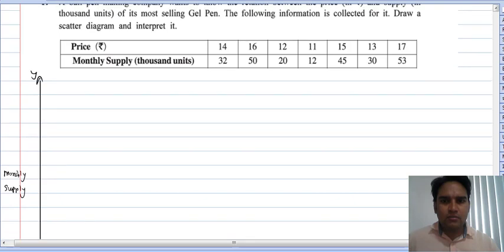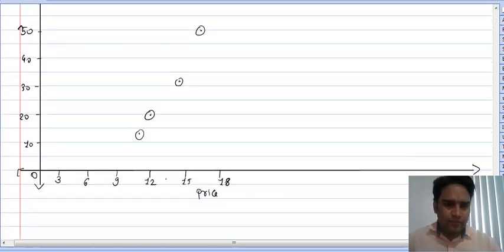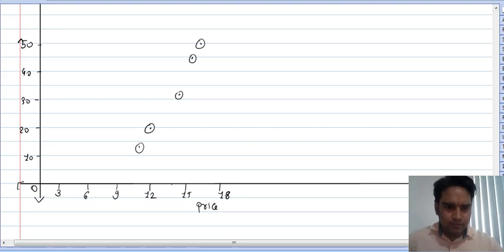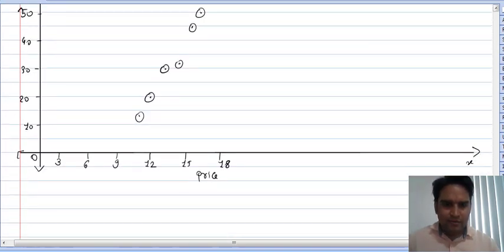Right, then 15, 45, so approximately 15 here and 45. Then 13, 30, and 17, 53.